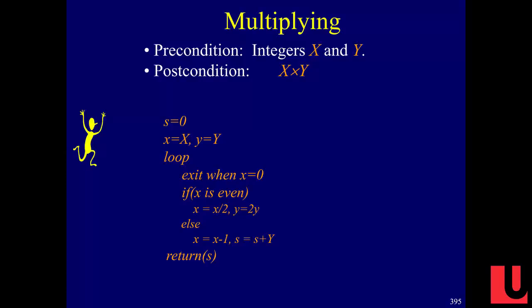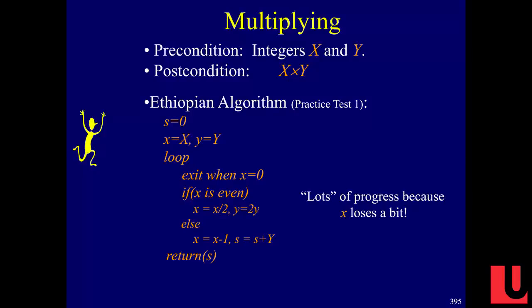It's like what we did before. Do I know I make progress always? No. But I know that I'm not going to do this twice in a row, because if x is odd, then the next iteration will be even. So every other iteration, I'm coming down by a factor of 2.